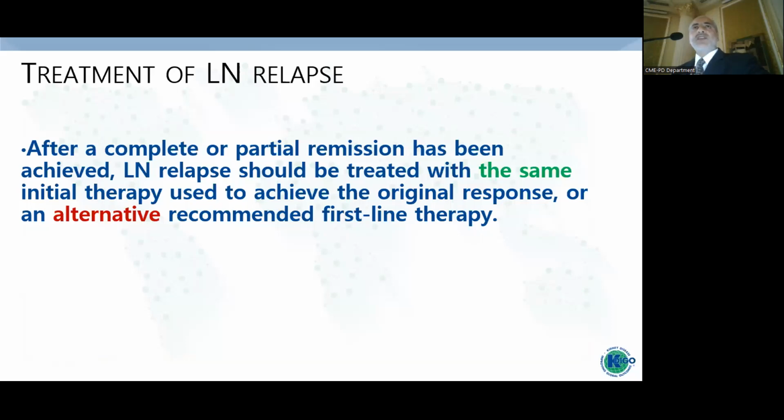This patient should be treated with the initial treatment protocol. Again, if he achieved complete remission with steroid and MPA, and he developed relapse after 2 or 3 years, we can go back to the initial protocol, the same protocol, or we can shift to another protocol if the initial protocol didn't show a complete remission response.